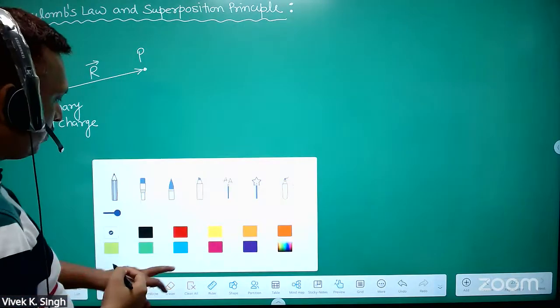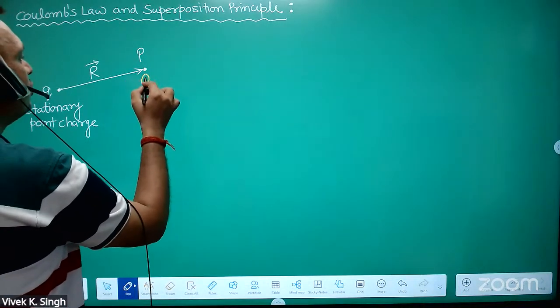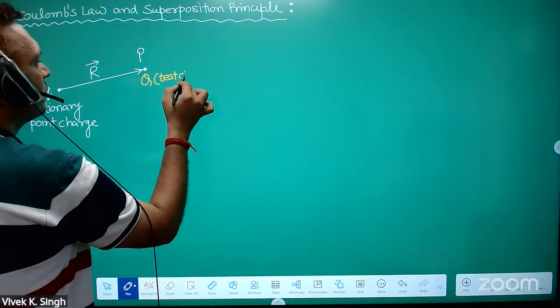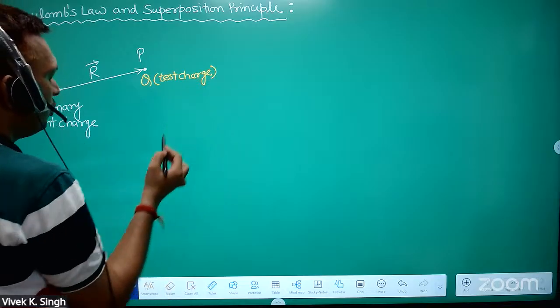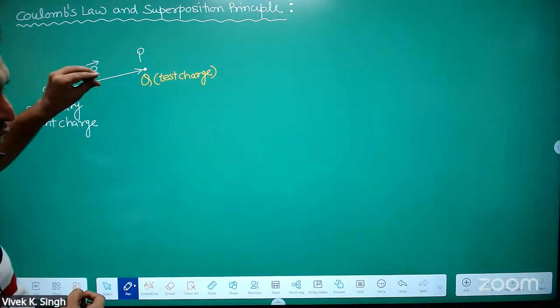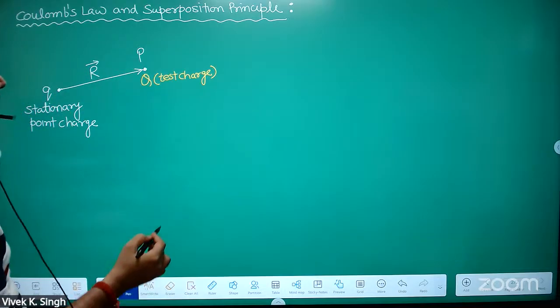So what we will do, let us place a test charge q. q is some test charge. And I'm assuming both charges are positive.